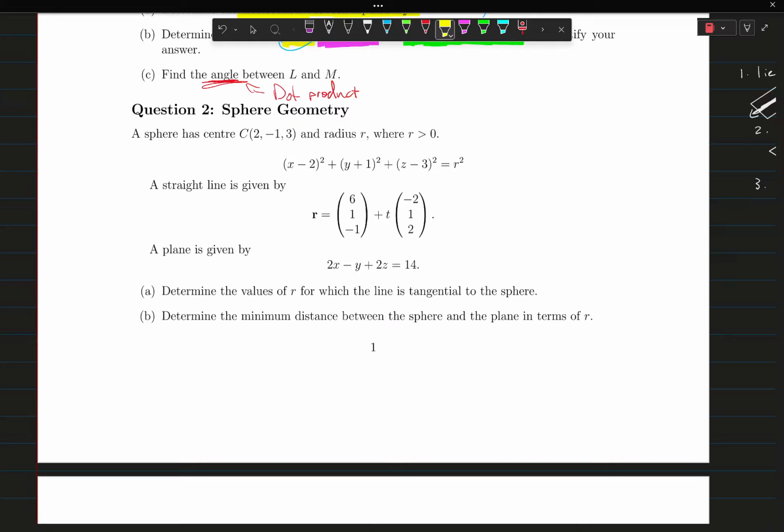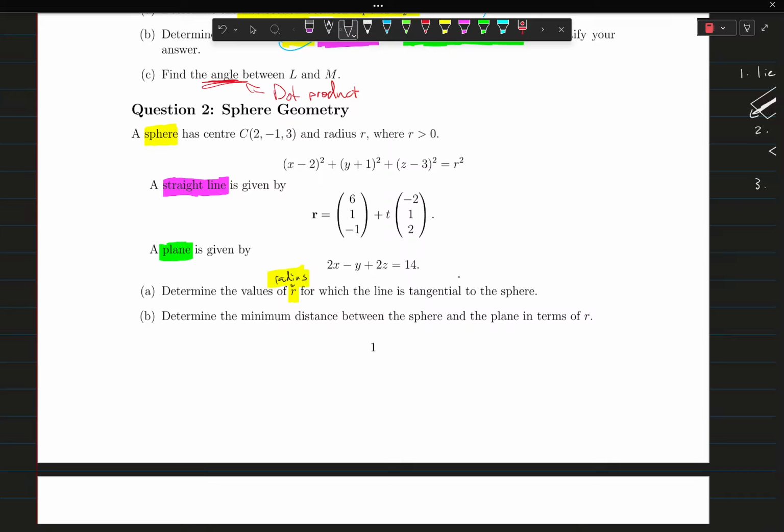Alright, so we're given a sphere, a line, and a plane. So we need to find the values of r, which is the radius of the sphere, for which the line is tangential to the sphere.